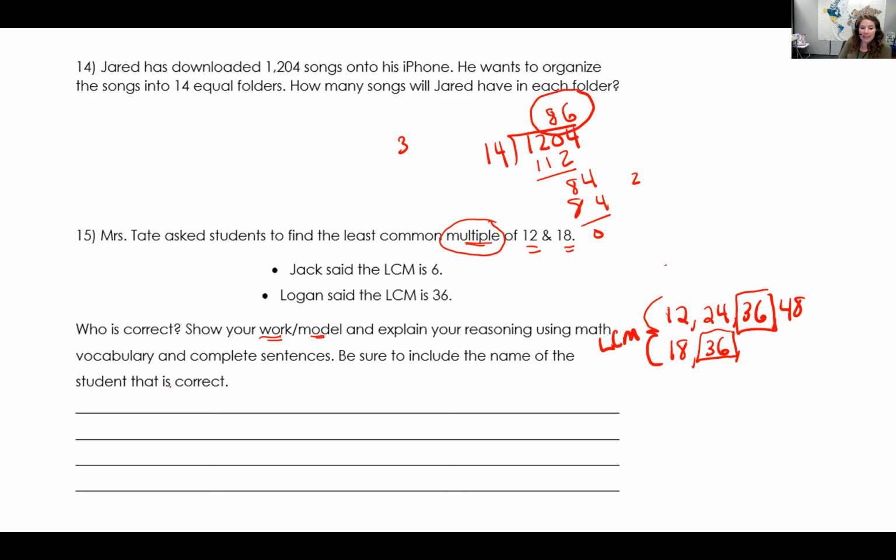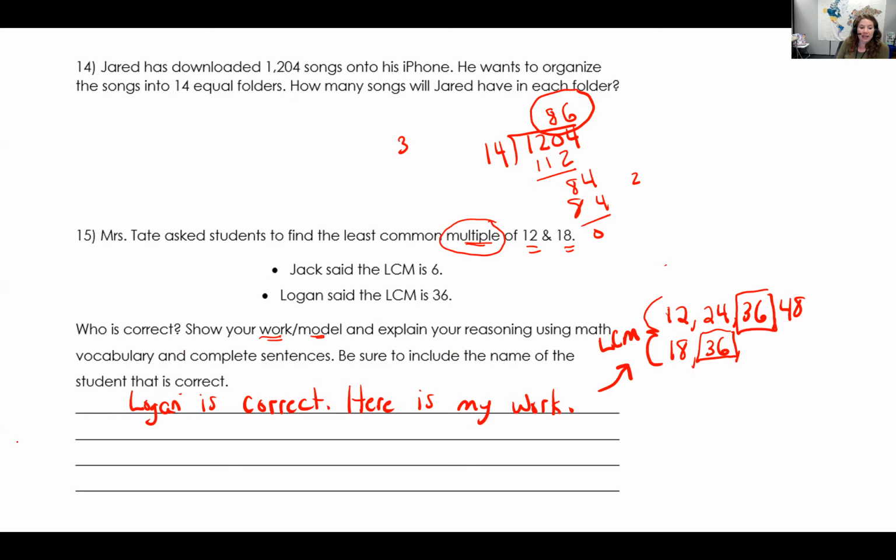So what would be my explanation? Who is correct? I'm going to say Logan is correct. And then I'm going to say, here is my work.